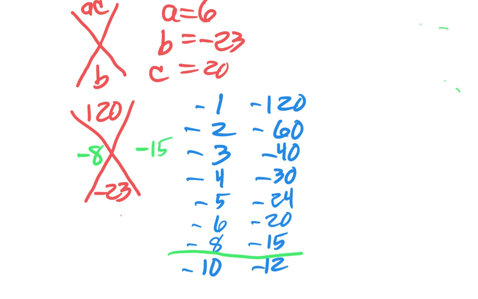If I was factoring that, I could have just put x minus 8, x minus 15, but that would not be for this particular problem. What I am going to do is negative 8x plus a negative 15x gives me that negative 23 that I'm looking for.